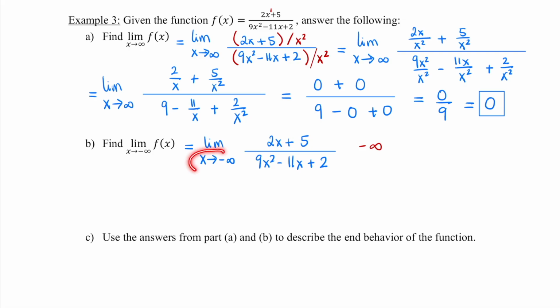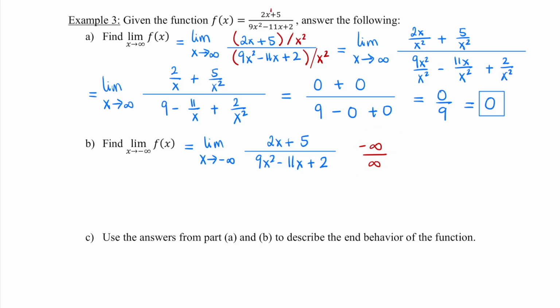And as x approaches negative infinity, the denominator approaches positive infinity. So we get negative infinity over infinity. This is an indeterminate form because we can't just plug in negative infinity and get an answer.